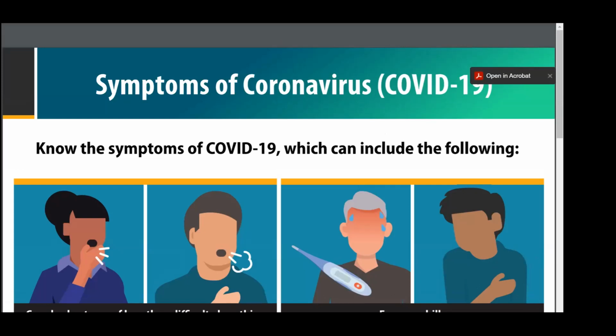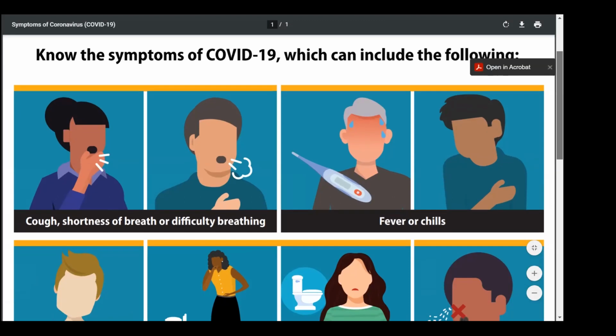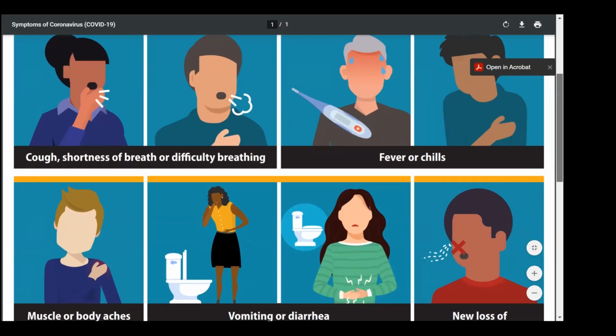So as we can see, this is a patient who can come with different signs and symptoms. The patient will come complaining of cough, shortness of breath, or difficulty in breathing. When checking the temperature, they can either be febrile or just have some chills. But we've also seen a number of patients coming without fever at all.